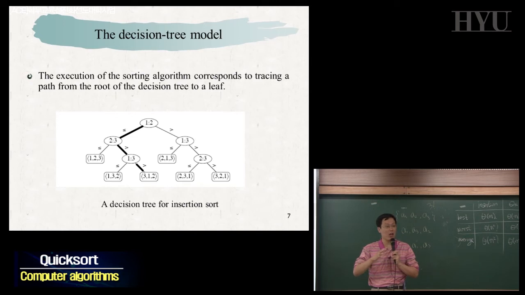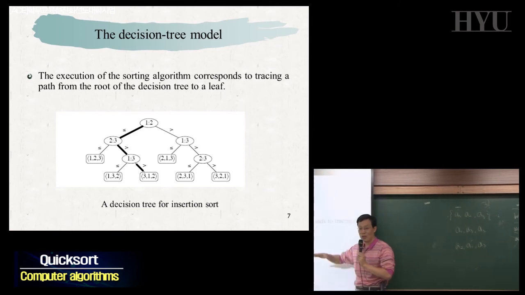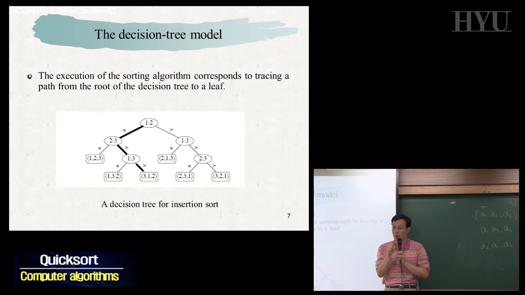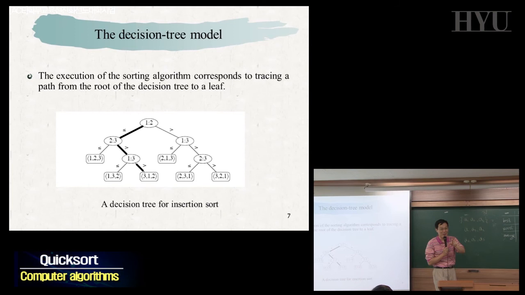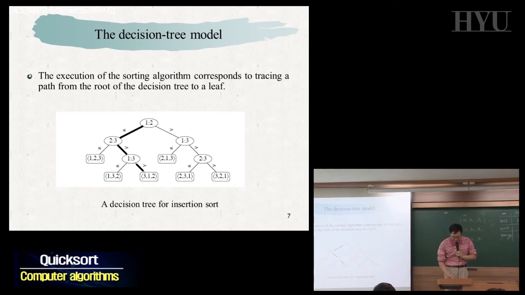More exactly, comparison sorts can be viewed in that way, using comparisons to select only one of them from n factorial solutions. Okay? More clear now? And then this decision tree shows you how to do it.